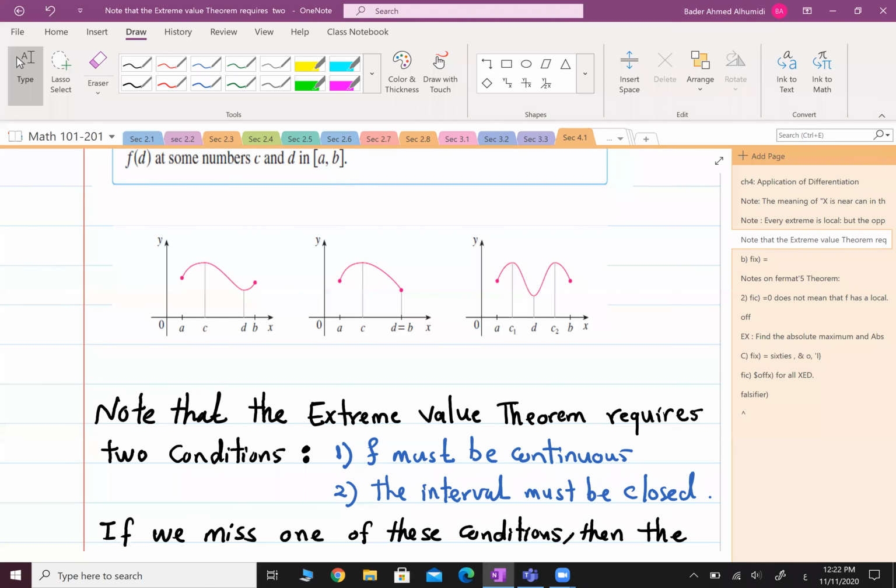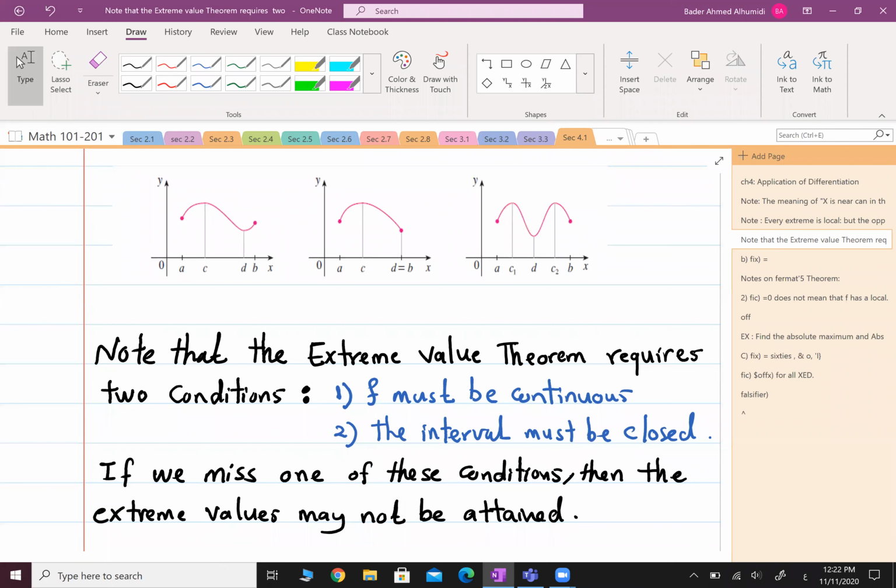Yes, Ahsan. This is a very special case, the horizontal line. Every y value is greater than or equal to the other values, and less than or equal to them, because they are all equal. In that case, everything is maximum, everything is minimum. I mean, every value in the range is considered to be a maximum and a minimum. That is the special case.